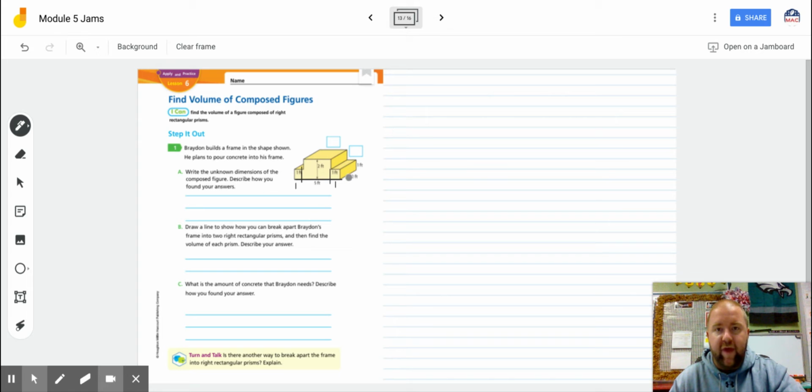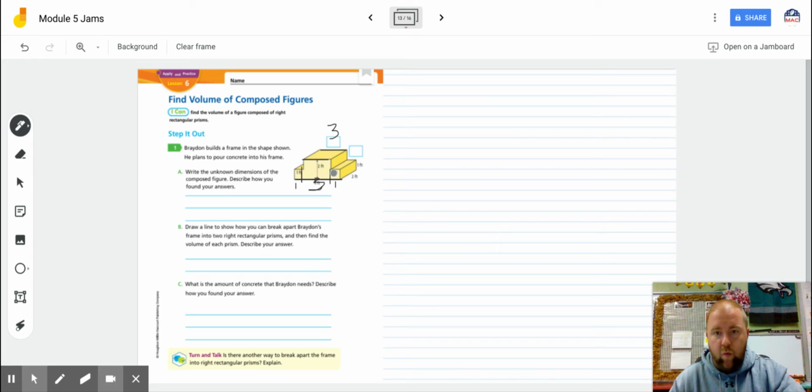So if the whole thing is 5 and this is 1 and this is 1, that leaves a 3 here for this space in the middle. So then I know straight across means this is going to be a 3 and this also is going to be a 3. So I know that that missing dimension is going to be a 3.